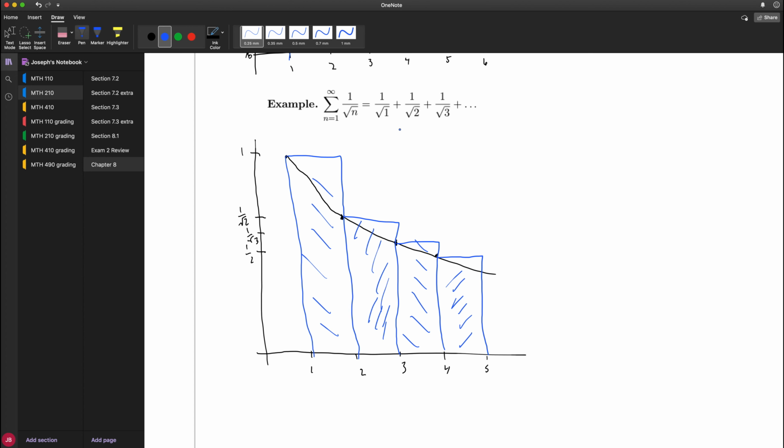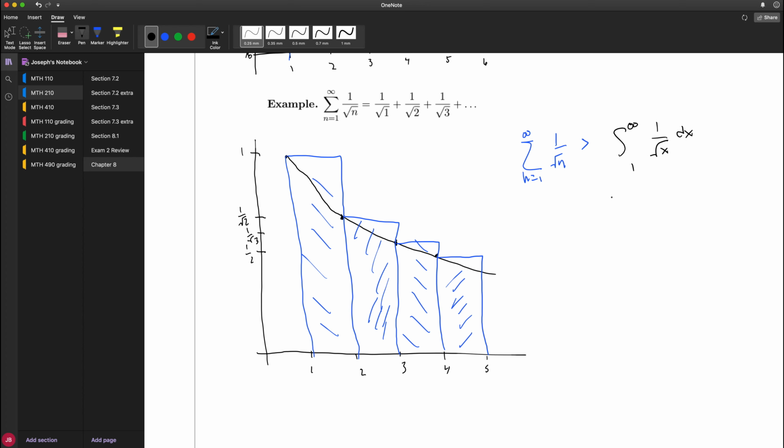And so the key observation here is that the area of all these rectangles is bigger than the area under this curve. So the sum n equals 1 to infinity, 1 over square root n, is bigger than the integral from 1 to infinity, 1 over the square root of x, right?